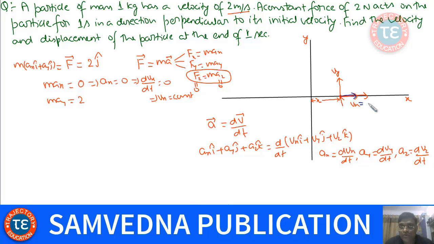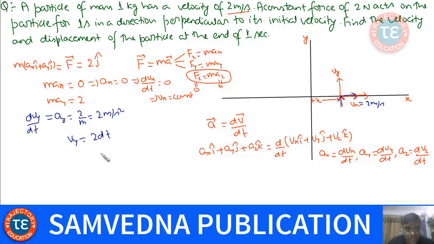Initially you have velocity Vx equals 2 meter per second, and the action of this force will create a new velocity component Vy. Mass is 1 kg, so ay is 2 upon m, that is 2 by 1, so that will be 2 meter per second square.